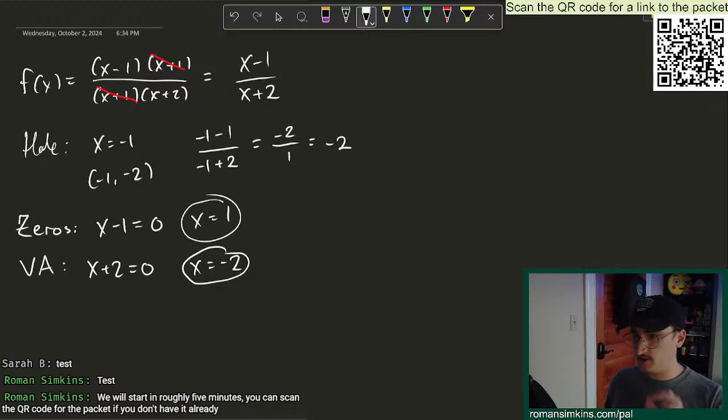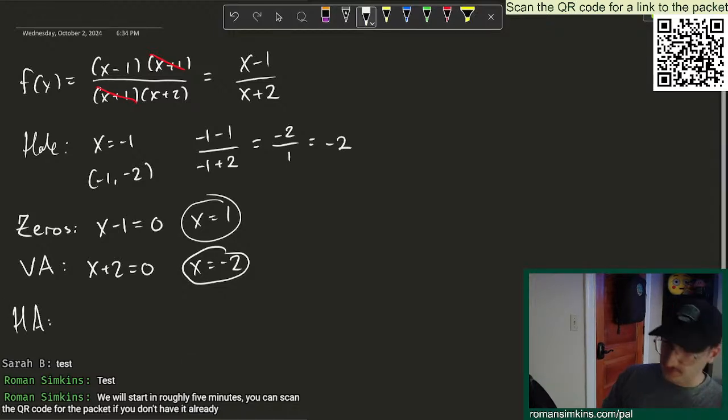I then want to find horizontal or slant asymptotes if they exist. So there may not be a horizontal asymptote, but there could be a slant asymptote. So we want to see what the situation is. And for this, we want to look at the degree of the numerator and the degree of the denominator, and we're going to compare them. In our case, the degree of the numerator is 1, and the degree of the denominator is also 1.